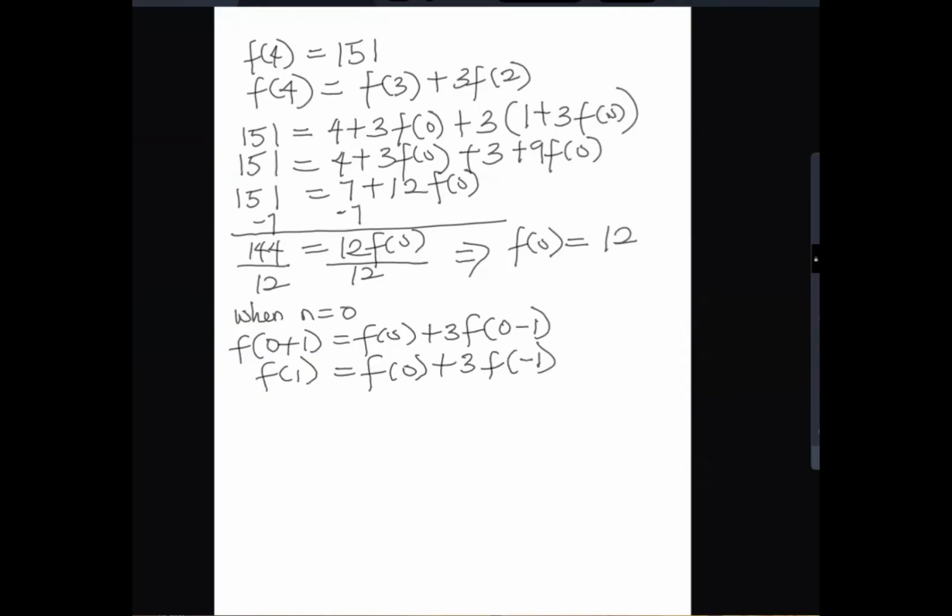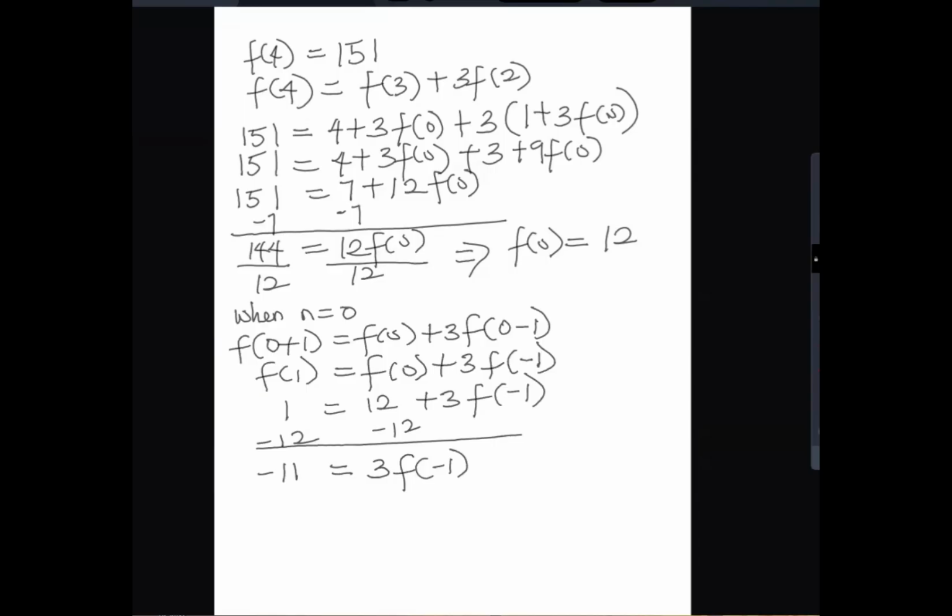Now let's quickly move ahead. So f of 1 is simply 1 from the question. And we've gotten f naught to be 12. Then plus 3 f of negative 1. So what do I do here now? If I subtract 12 from both sides, I'll have negative 11 is equal to 3 f of negative 1.